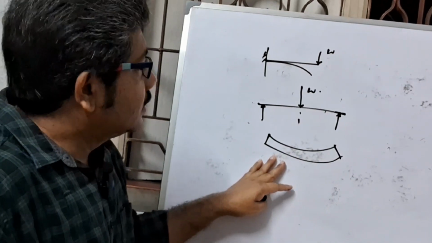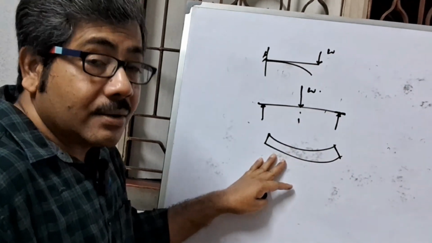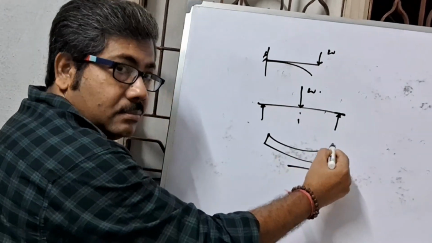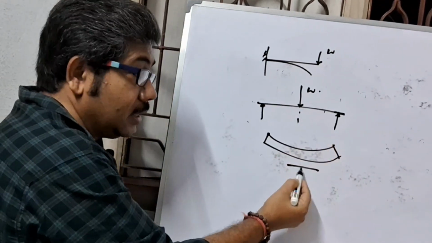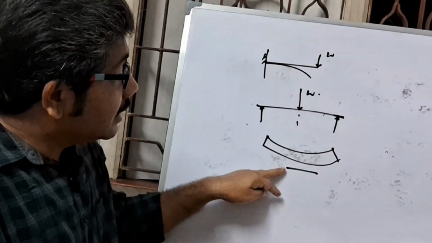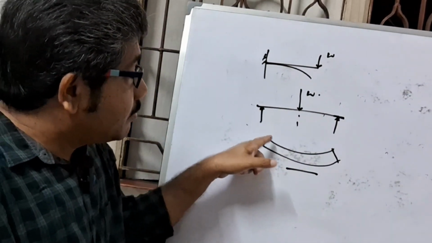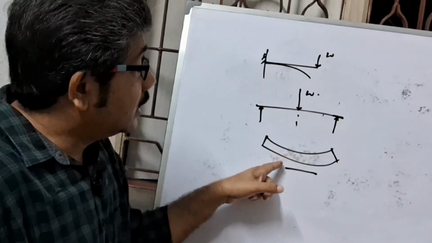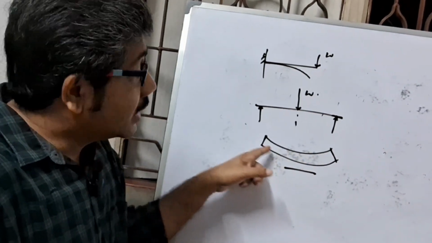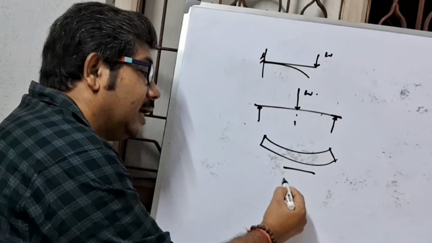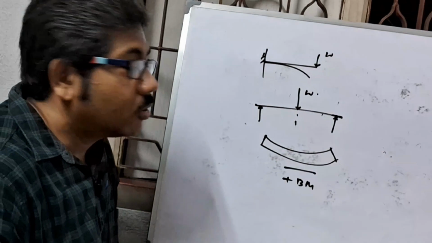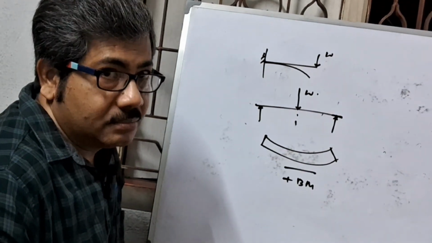to the curvature having concavity at the top, that means the curvature is concave, then it is called positive bending moment or sagging moment.